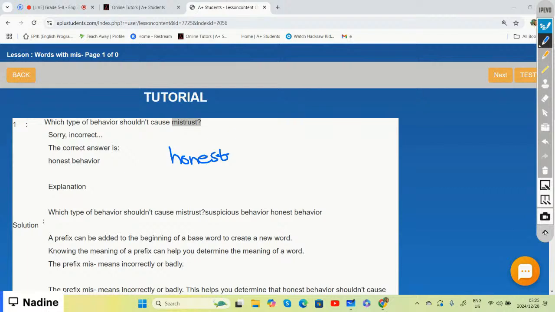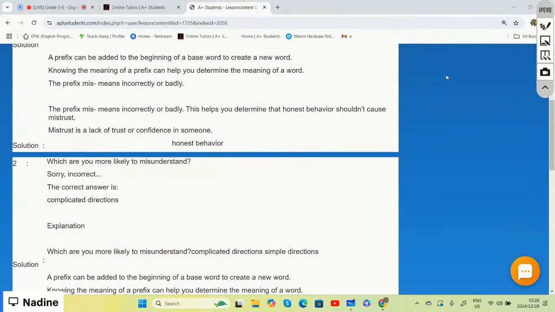It means that we won't have a problem with mistrusting someone. Because mistrust means that you do not trust somebody or something. It is the lack of trust or the lack of confidence in someone.